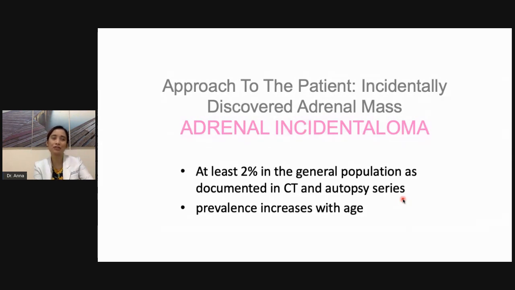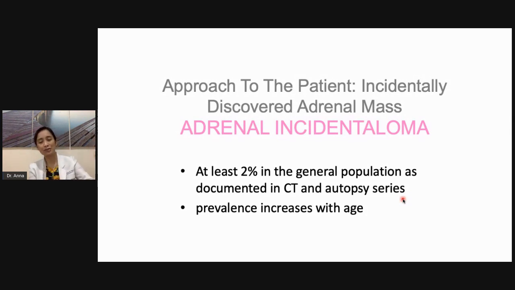Let's say the patient underwent a CT stonogram for a suspected kidney stone or a suspected intra-abdominal infection, and then they find that there's an adrenal mass, no, in that CT scan. That's your adrenal incidentaloma, and at least 2% of the general population, as documented in CT scan and autopsy series, will have a functioning or a non-functioning adrenal incidentaloma, and the prevalence increases with age.